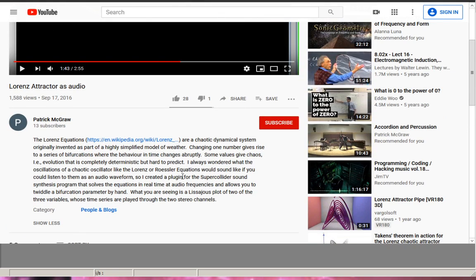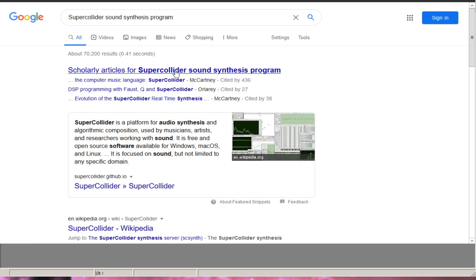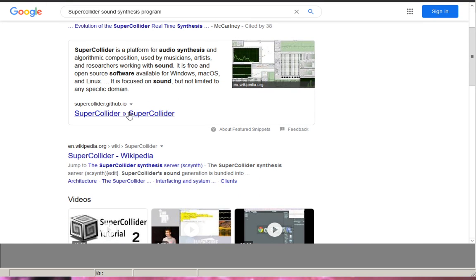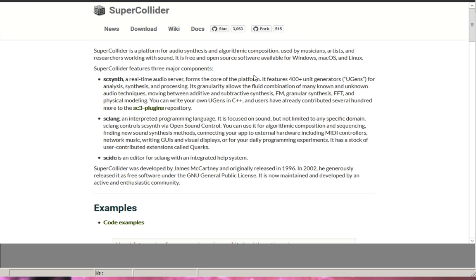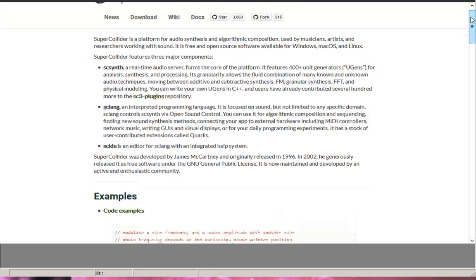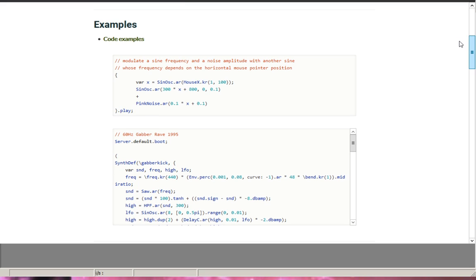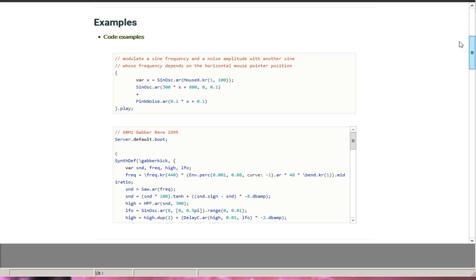So there's a program called SuperCollider, a sound synthesis program. I think I've heard of this before. Is this free? SC3 plugins. Modulate a sine frequency and noise amplitude with another sine whose frequency depends upon the horizontal mouse pointer position.